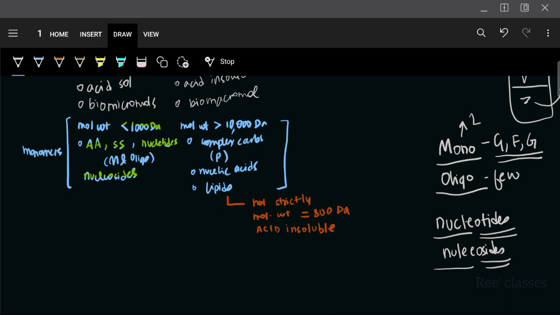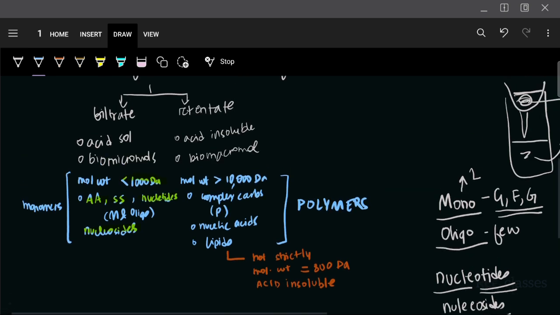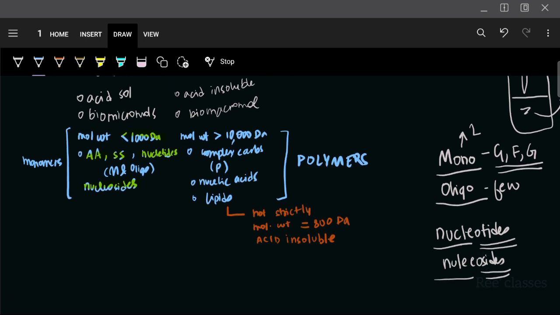Interesting thing about lipids is we can't strictly say it's a macromolecule because the molecular weight is actually 800 Daltons, but it also falls under the acid insoluble group. So these are polymers, right? So quite succinctly, we know the differences between these two.